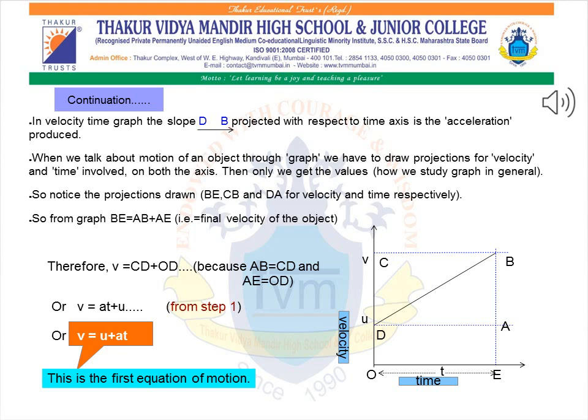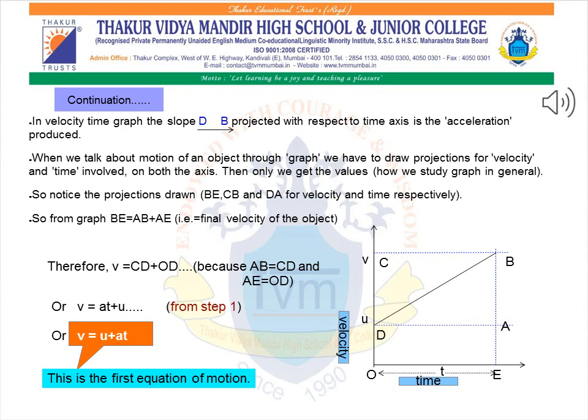Now from the graph we can see the distance BE is equal to AB plus AE, and that is the final velocity of the object if you look at the left hand side. Or we can say v, that is the final velocity, is equal to CD plus OD. Why?